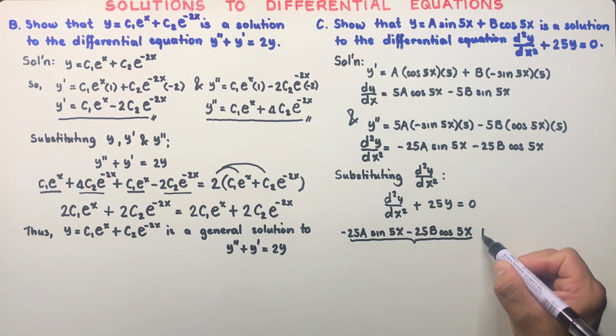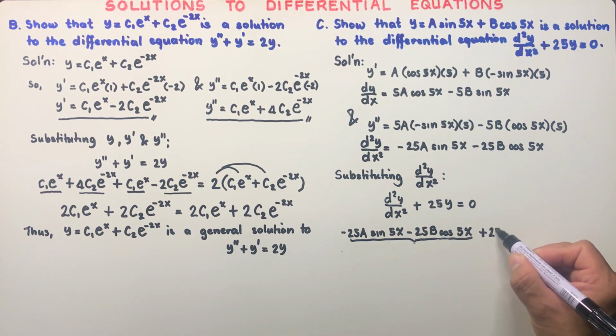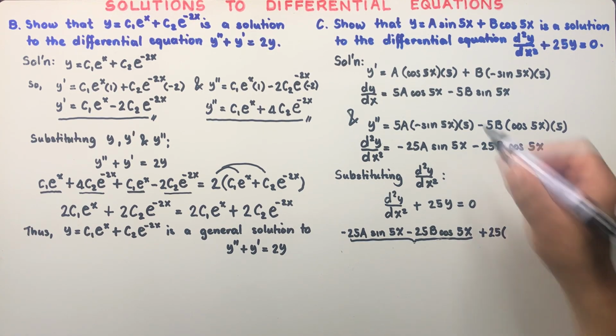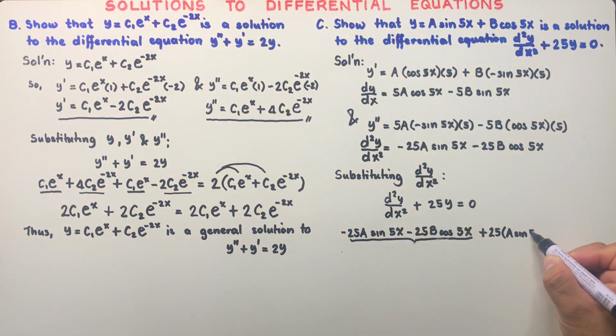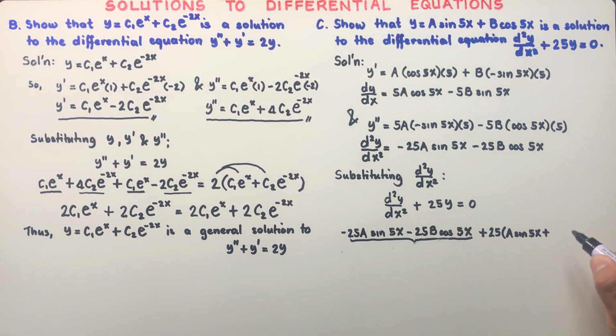So added to 25 times y, and our y is this, so we have a sine 5x plus b cosine 5x, and the whole thing is equated to 0.